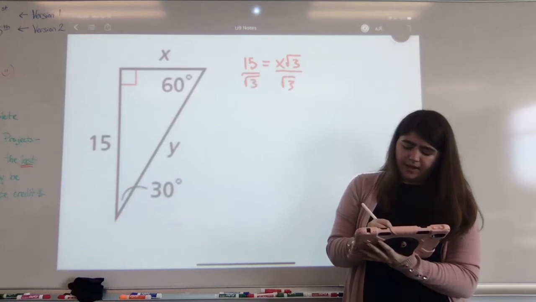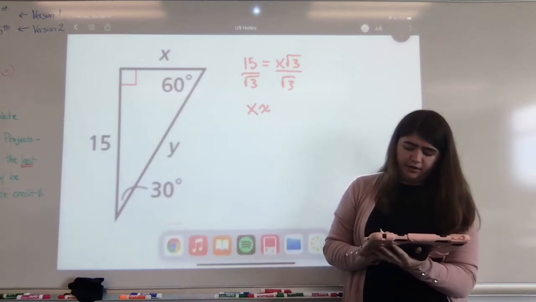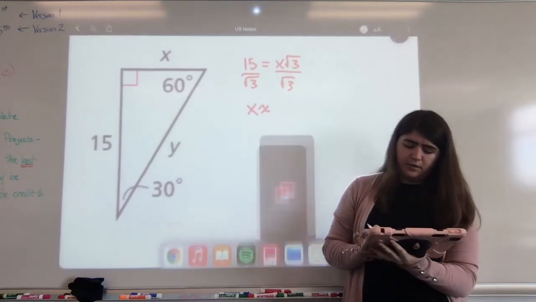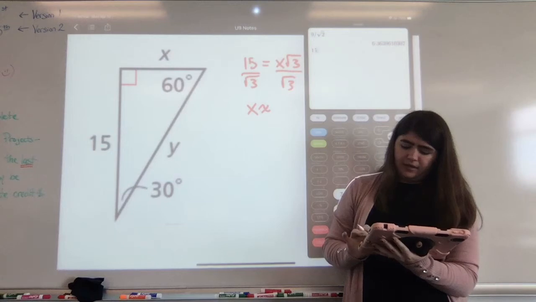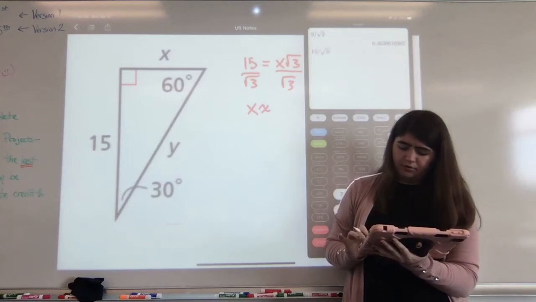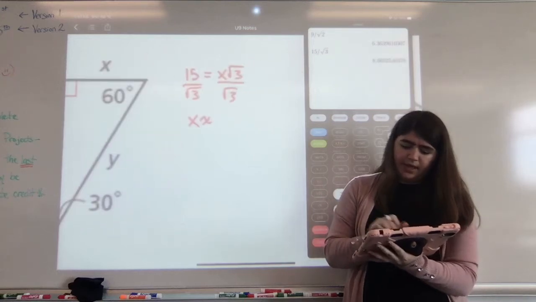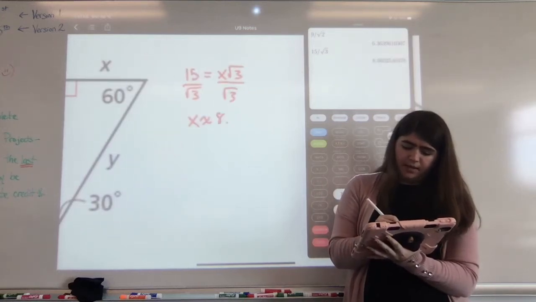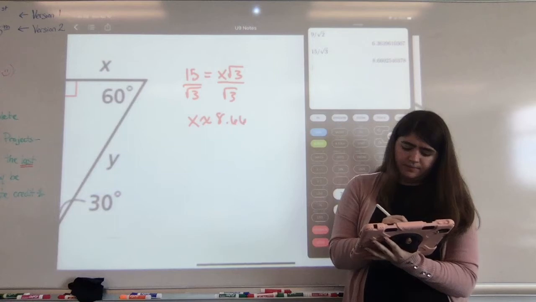And that gives me that x is going to be another decimal that we need to use our calculator for. So I'm going to pull my calculator back up. I have 15 divided by the square root of 3, and just typing it all straight in. That gives me x is approximately equal to 8.66.